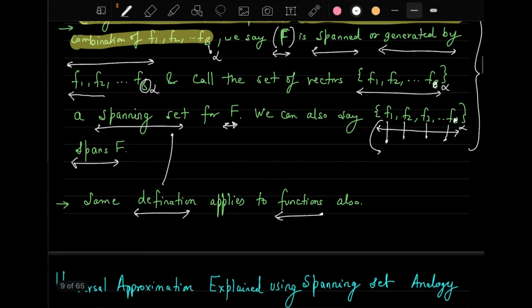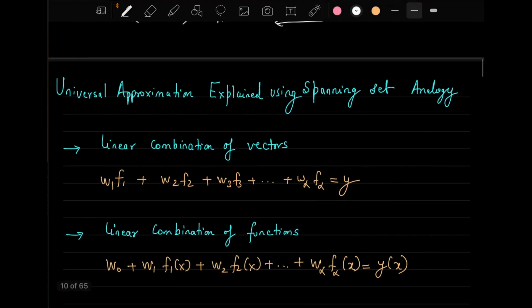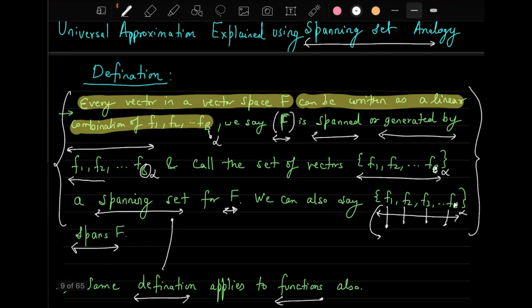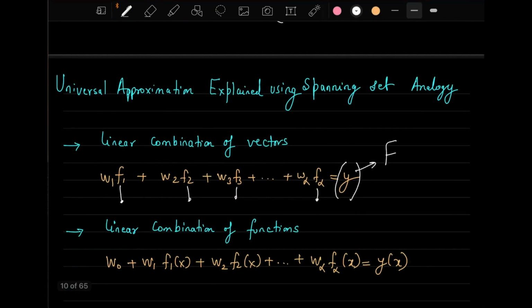What it is trying to say is that any linear combination of these vectors, F1, F2, F3 till F alpha, will implement some vector y, and this y has to lie in this vector space capital F.